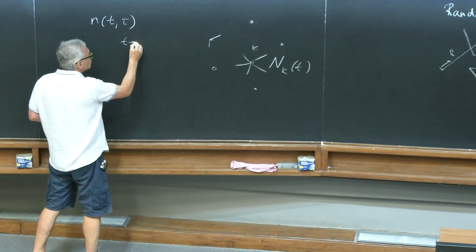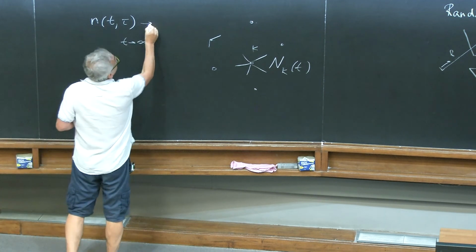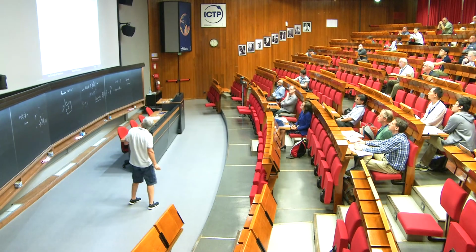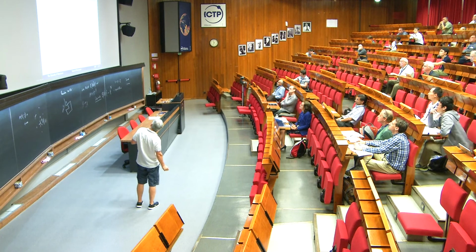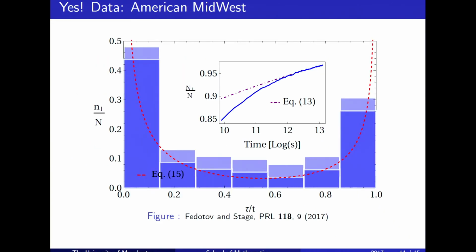And when time tends to infinity, this has a very beautiful structure, and that's what is here. It's not clear if you look at how it looks like, but in terms of picture, it looks like a U-shaped distribution. So we found that the structural density in this anomalous node behaves like this. And this is the ratio of residence time over total time of observation.